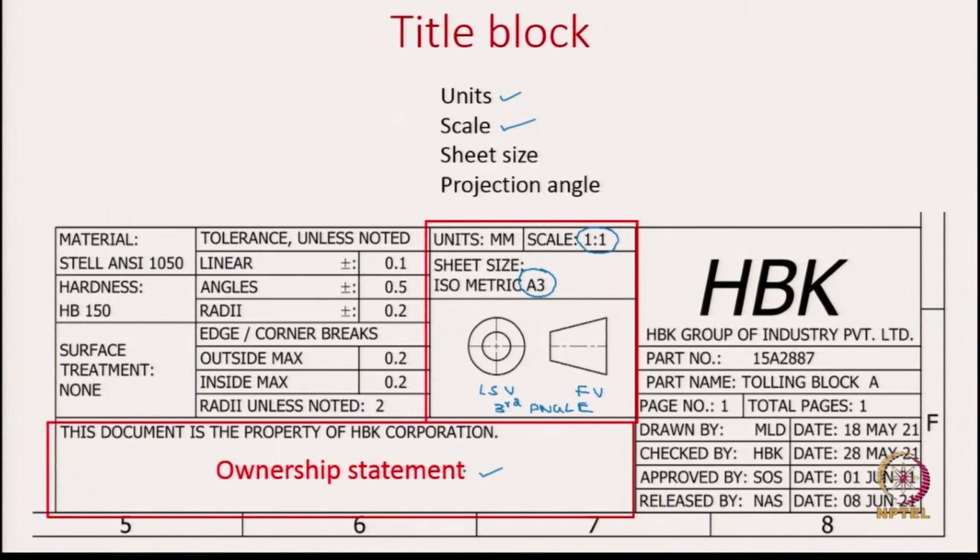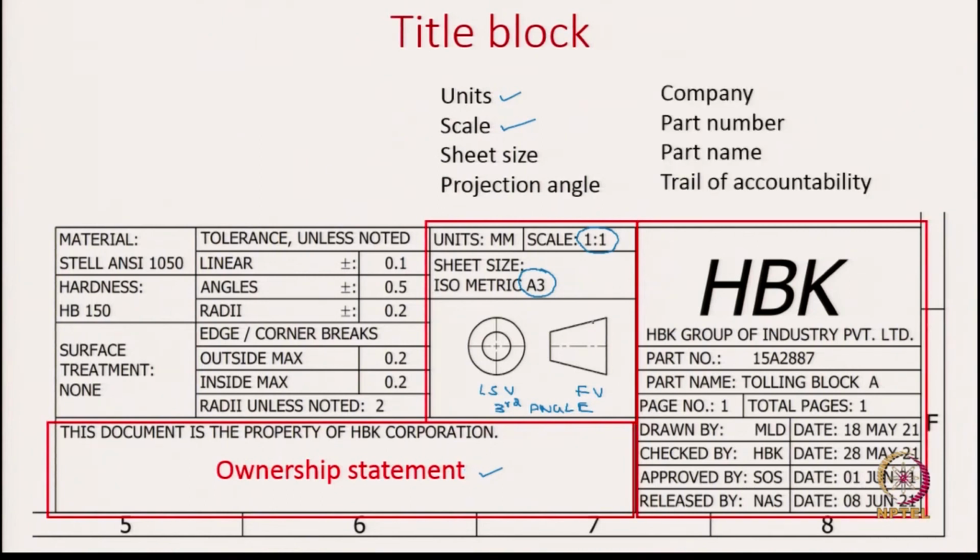Okay. In this right corner we have information about the company, the details about the part like the part number, name and trail of accountability. So, here you see the company name, part number. These numbers are needed because, as you can imagine, in a large company there will be plenty of engineering drawings, and there is someone who needs to do this bookkeeping.